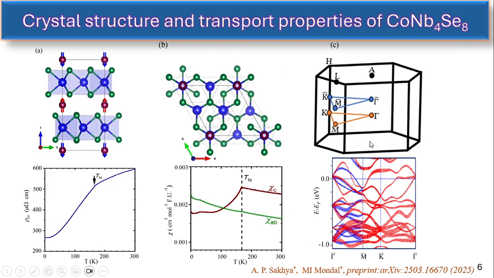So let's try to understand the crystal structure and the other transport properties of these materials. This is the crystal structure of CoNb4S8, which has the hexagonal P63/mmc space group. There are two NbS2 layers, and in between these two NbS2 layers we intercalated cobalt atoms.